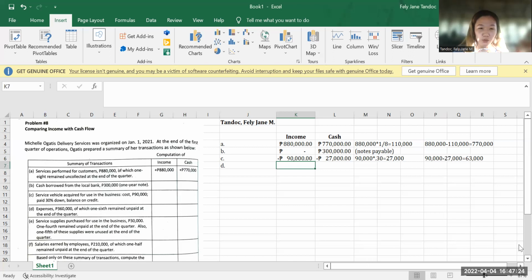My entry for income is another minus of 360,000, which is the total expense.